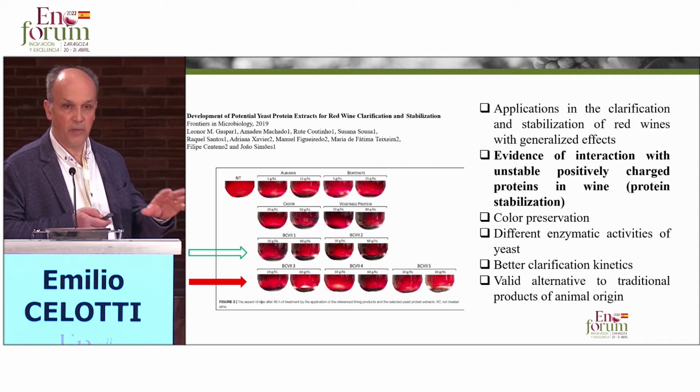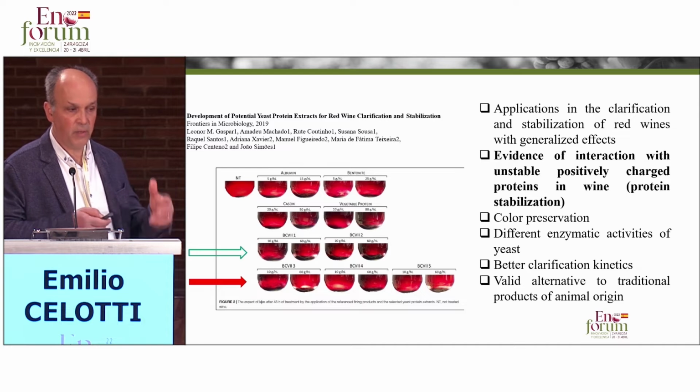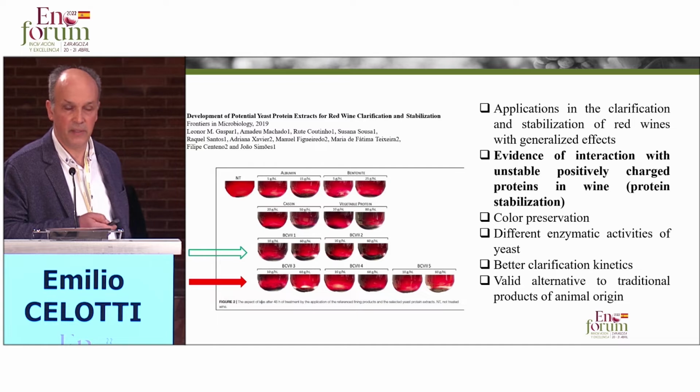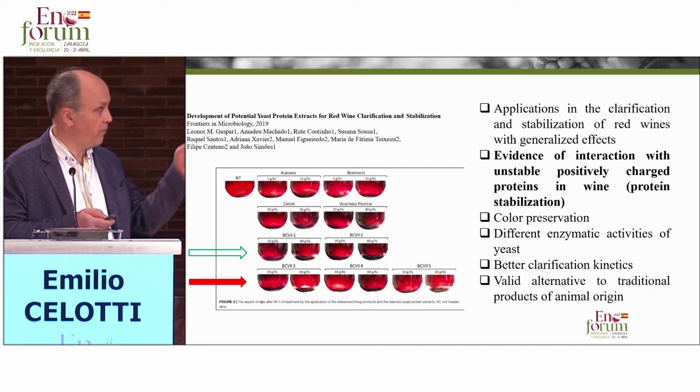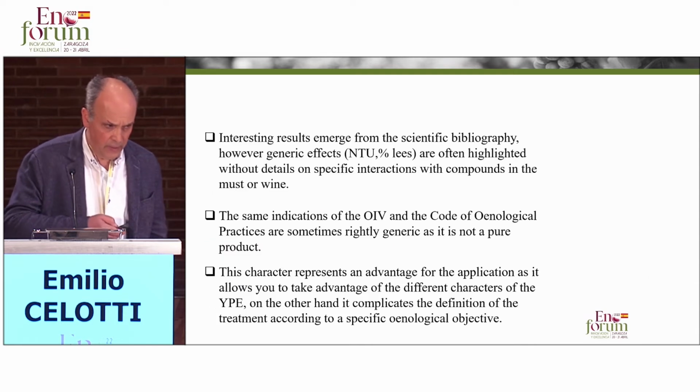Other experiences talk about the protection of color, and this is an essential element regarding red wines, as we already mentioned before. Regarding enzymatic activities, we see clarification kinetics improved in animal origin substances.